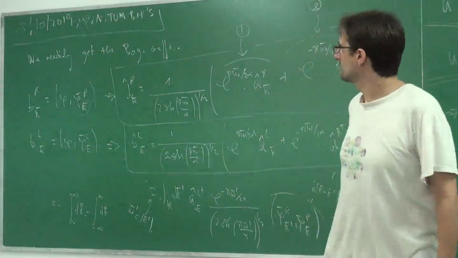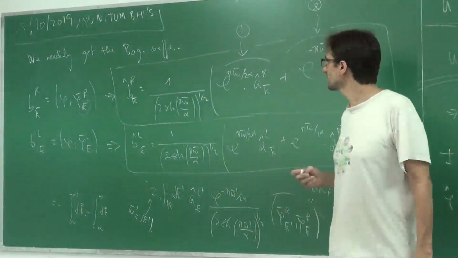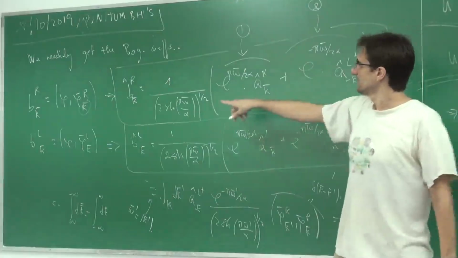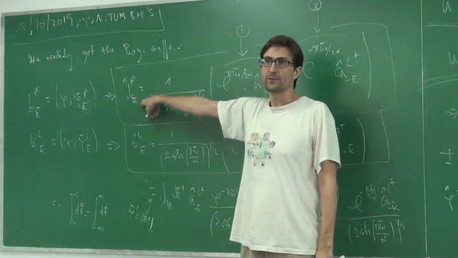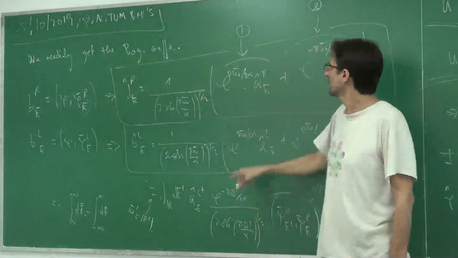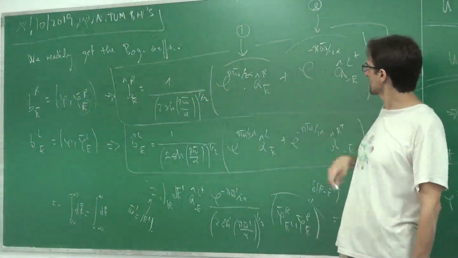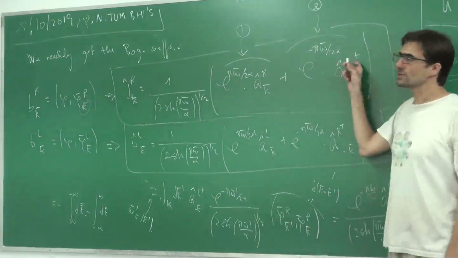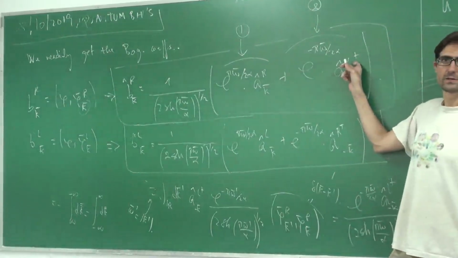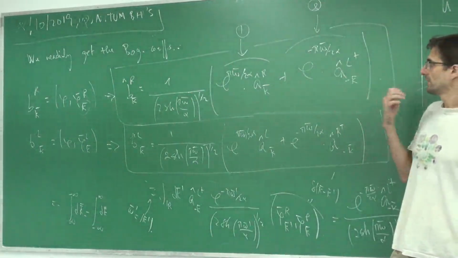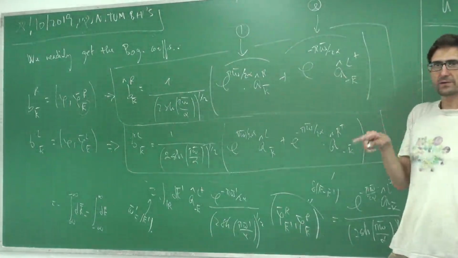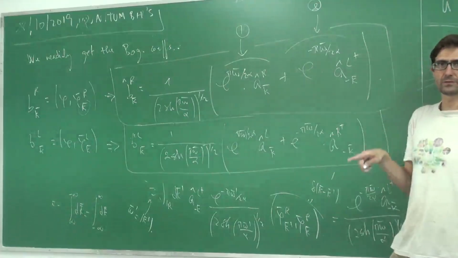So, like I've said many times at this stage, the fact that these annihilation operators of real particles include creation operators of Minkowski particles tells you that the vacuum states defined by the two of them are not equivalent.